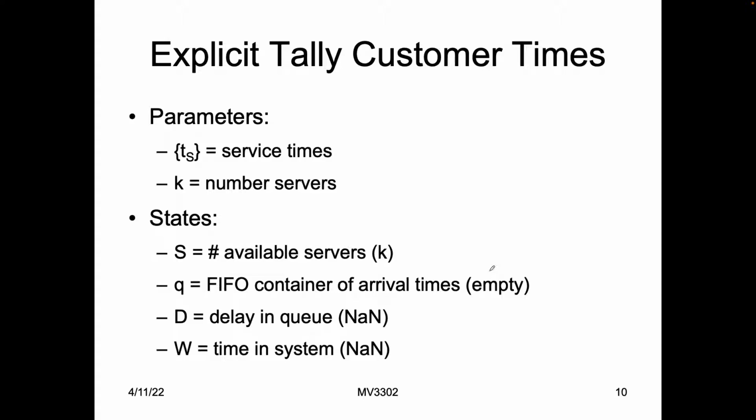You needed to know what the arrival times were. How can we know what the arrival times are? The state variable Q, if Q is just the number in the queue, does not have the information that we need. The key piece of information is when did each customer arrive?